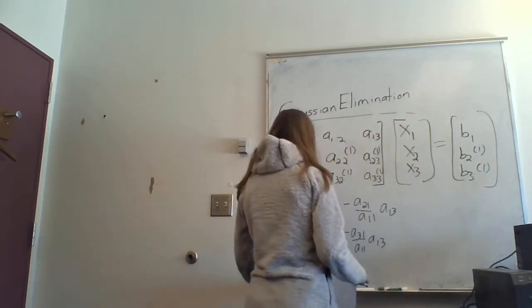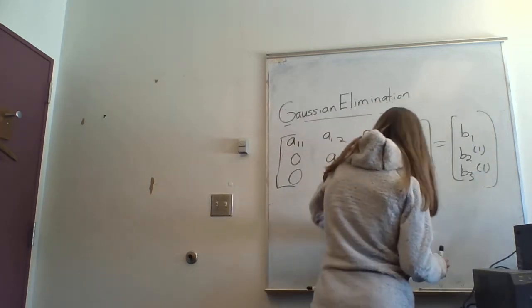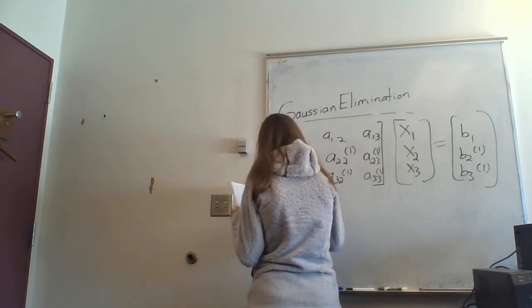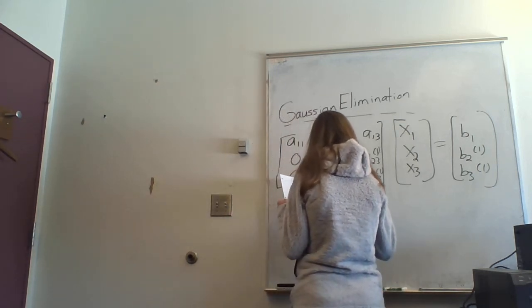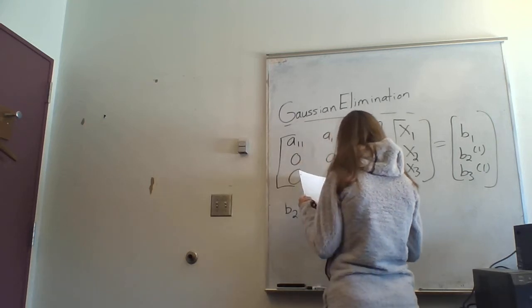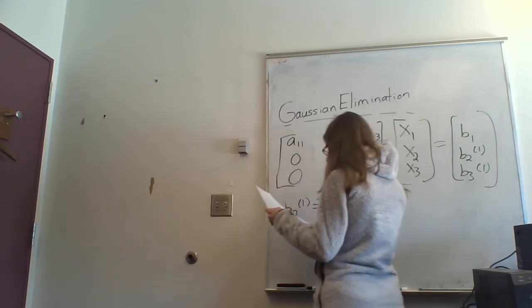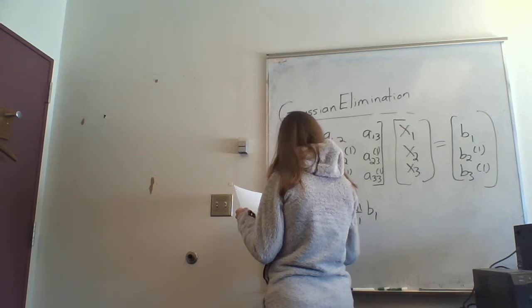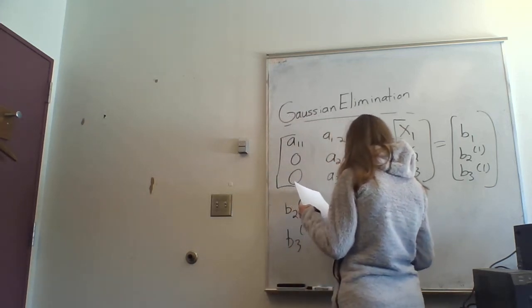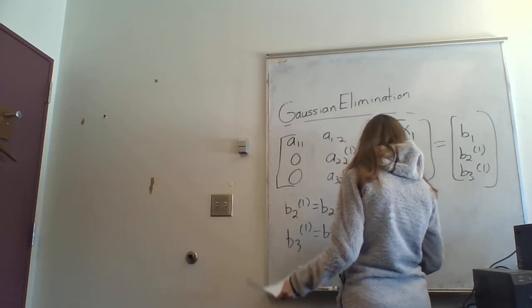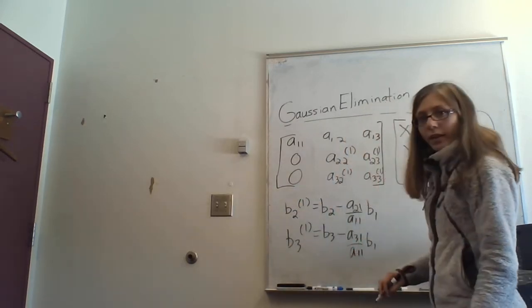Okay, there we go. Then we have B21 is equal to B2 minus A21 over A11 times B1. And then finally, the B31 is equal to B3 minus A31 over A11 times B1. You can tell this was very systematic.